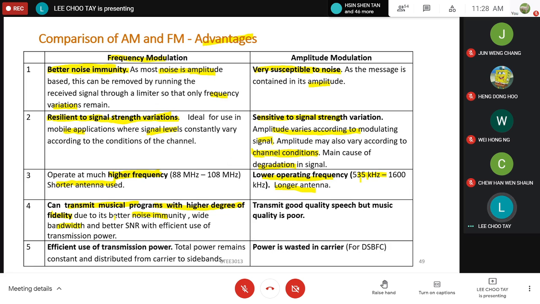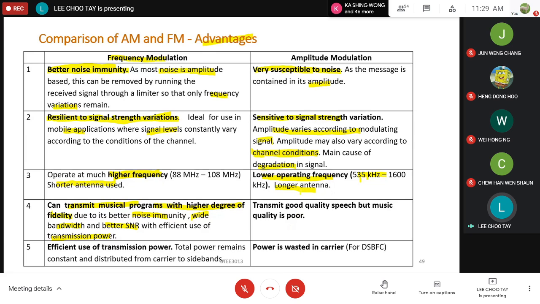Because the bandwidth is wide, it can transmit more frequency components. Also there is better SNR, better signal to noise ratio, with efficient use of transmission power. We have seen that in the FM signal, all the transmission power is fully utilized to transmit all the sidebands as well as the carrier component.